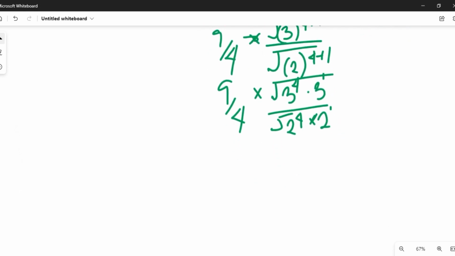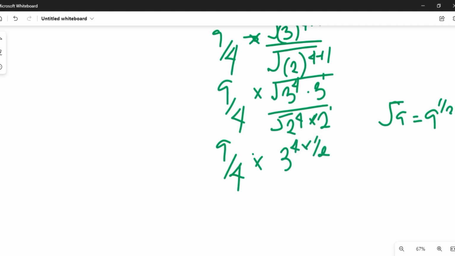So you see, we are gradually coming to the conclusion. Remember, the square root of a is equal to a raised to power 1 over 2. Applying that here, the numerator gives us 3 raised to power 4 times 1 over 2 multiplied by the square root of 3, all over 2 raised to power 4 times 1 over 2 multiplied by the square root of 2.